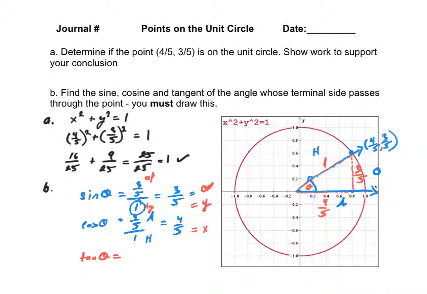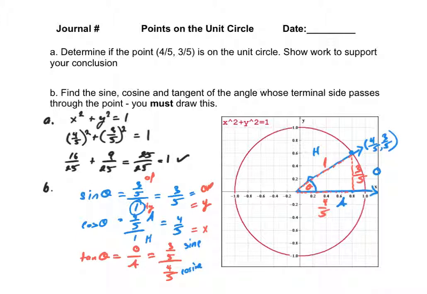If you think about it, the tangent we've always defined as the opposite over the adjacent. Well, our opposite side is 3/5, and our adjacent side is 4/5. But we just said up here that 3/5 was the sine and 4/5 was the cosine.